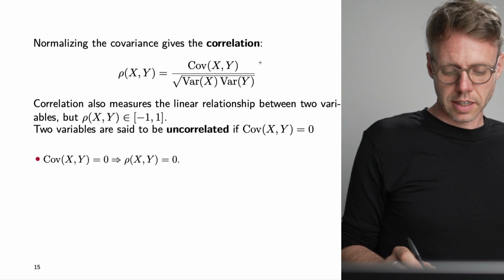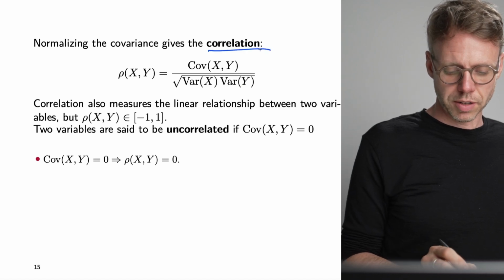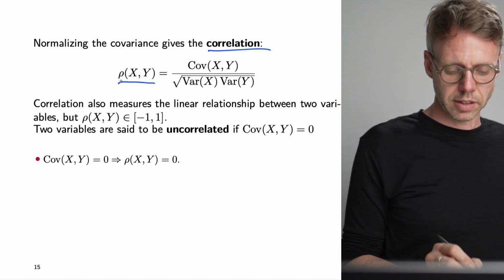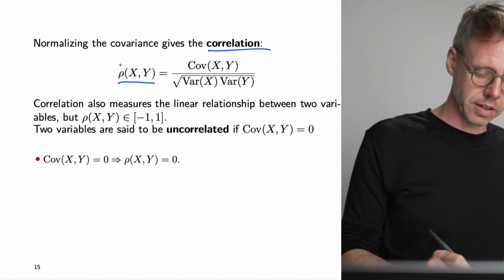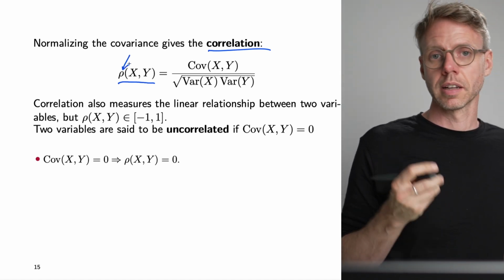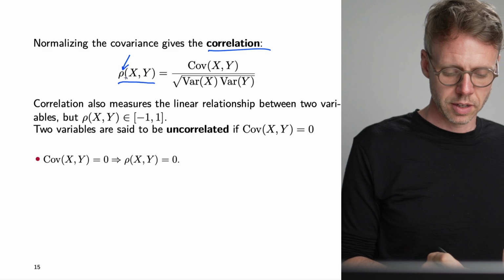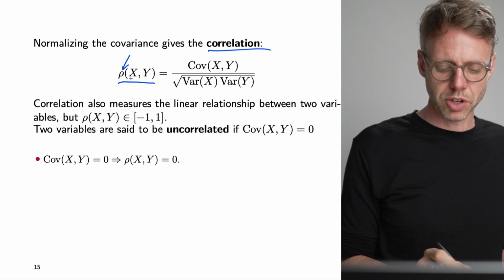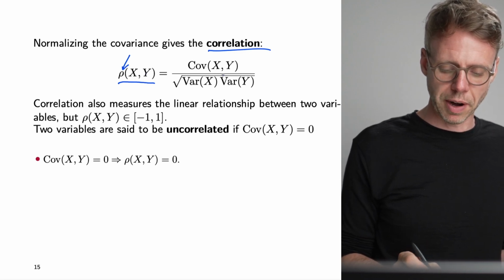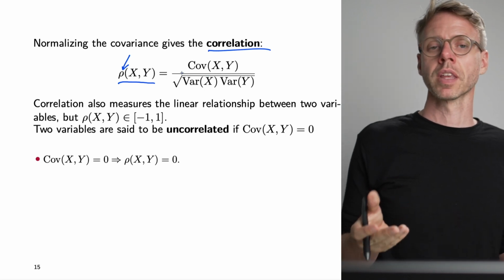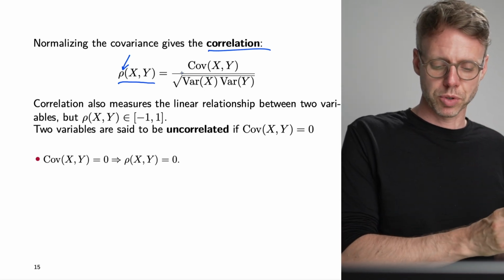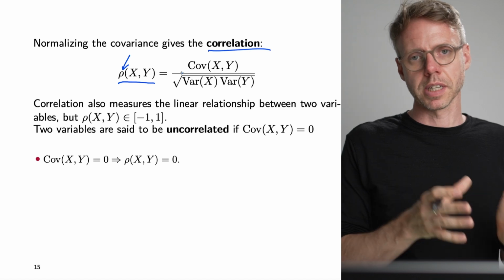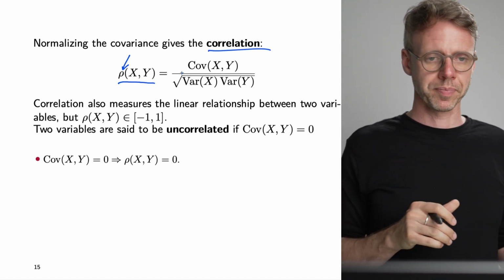The resulting quantity is the so-called correlation between x and y. The correlation we typically denote by this Greek letter rho. So rho of x and y, the correlation between x and y, is given by the covariance between x and y divided by the square root of the variance of x times the square root of the variance of y.